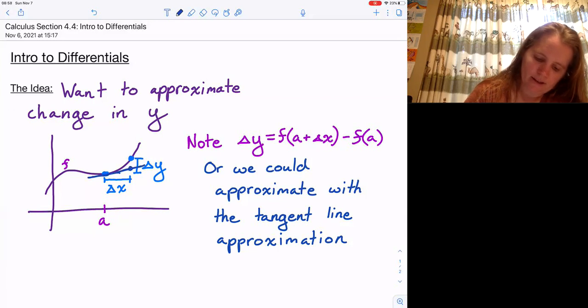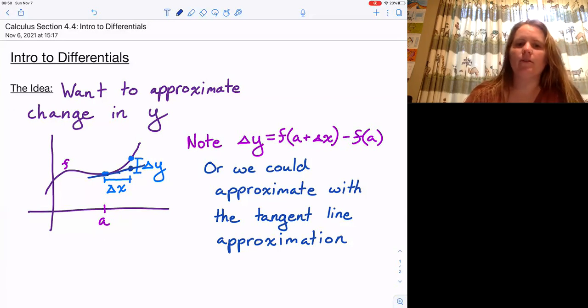And we could instead look at the y value there and approximate by using our tangent line approximation.